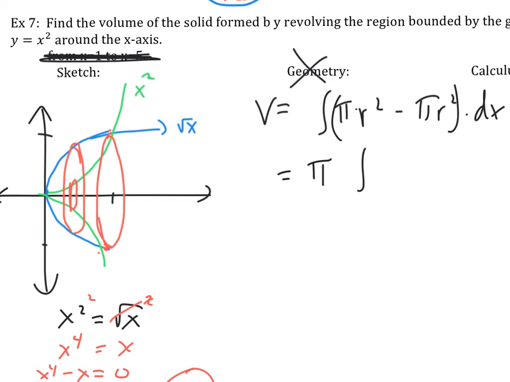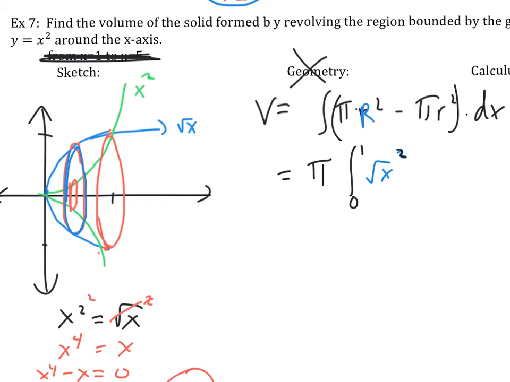I'm going to pull the pi out since that's a constant. I'm going to note that I'm integrating from 0 to 1. And then I'm going to note that this first r is really my big radius. That would be the radius of the outer circle, which is created by my outer curve, which is radical x. So that's going to be radical x squared.